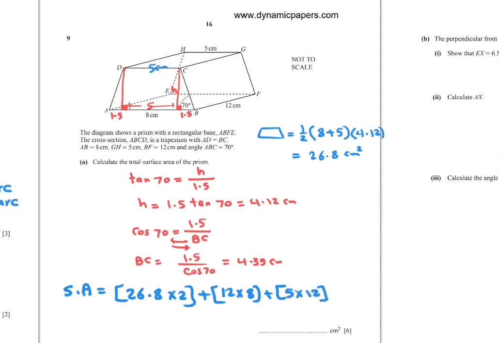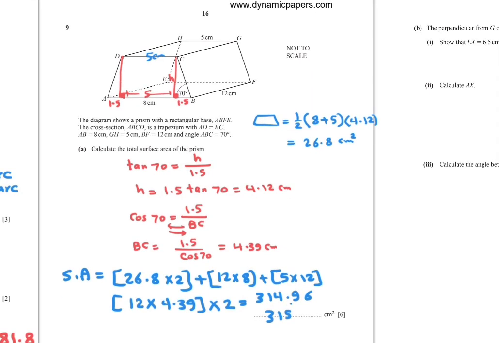And the two rectangles, this one and the opposite one, which is 12 times BC, which is 4.39. So 12 times 4.39 times 2, because we have two congruent rectangles, equals 314.96. So 315 centimeter square to 3 significant figures.